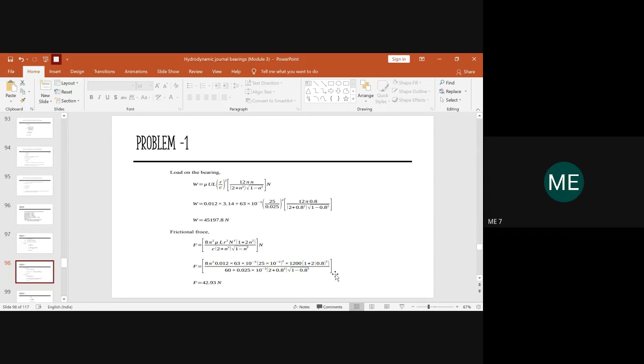So after these problems, you will be getting an assignment for module 3. So you have to derive the equation and solve the problems. You can do it only when you understand the process of how to solve the problem.